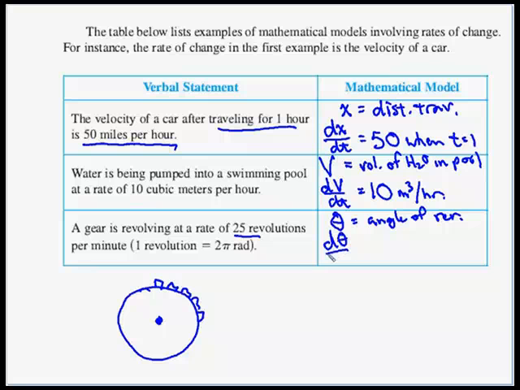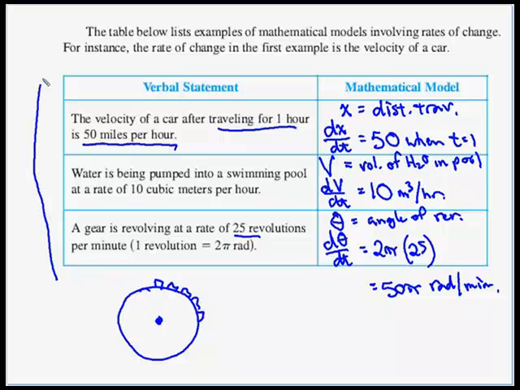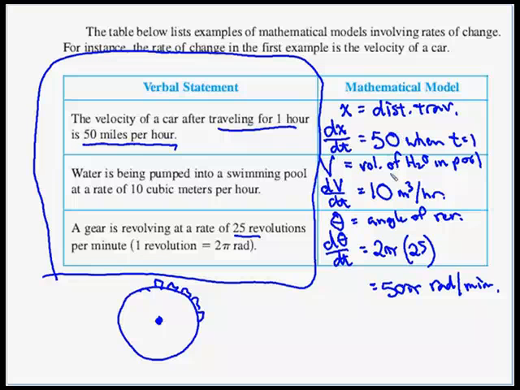So d theta dt, the change in that angle with respect to time, is going to be 2 pi, that's per revolution, multiplied by 25 revolutions. So that's going to be 50 pi radians per minute. And in some problems, this is going to be the hardest part, taking the verbal statement you're given and turning it into a usable mathematical model.